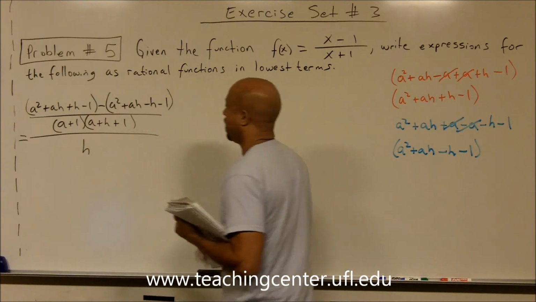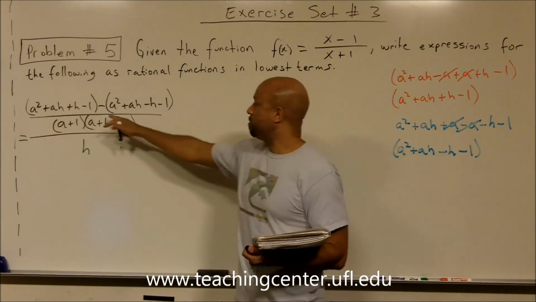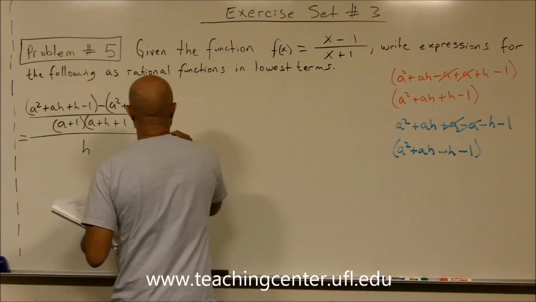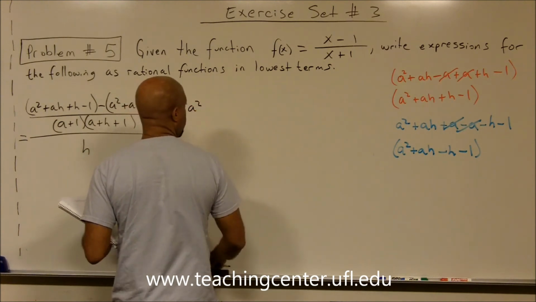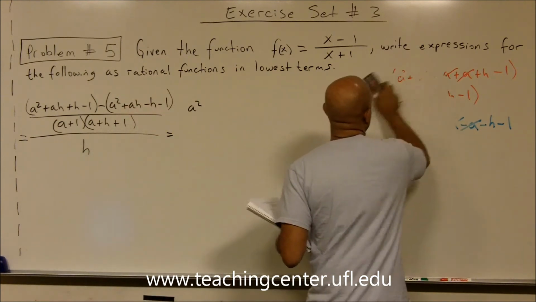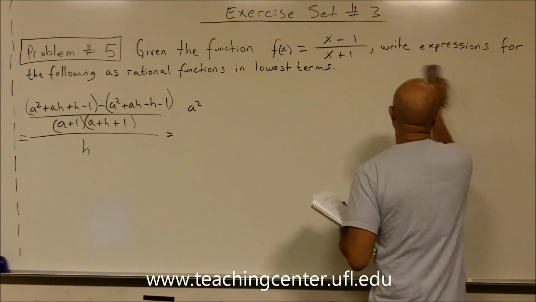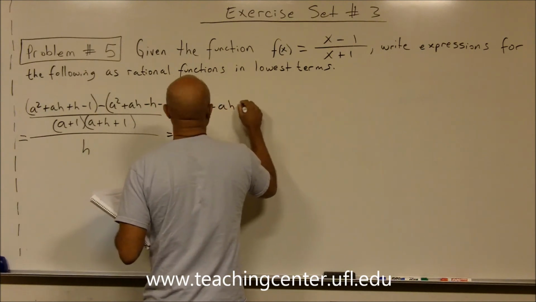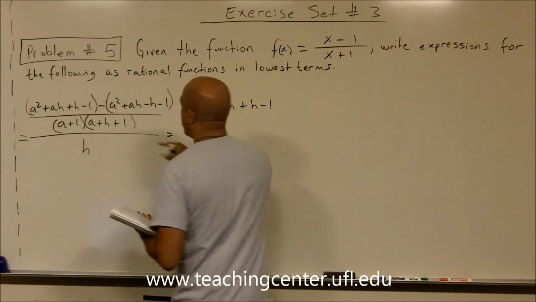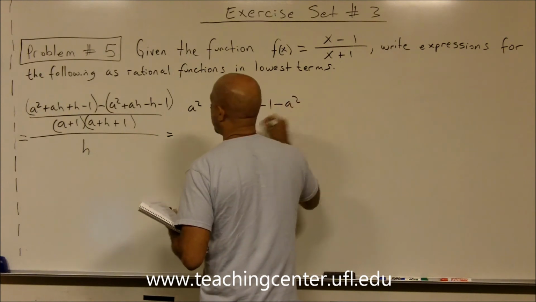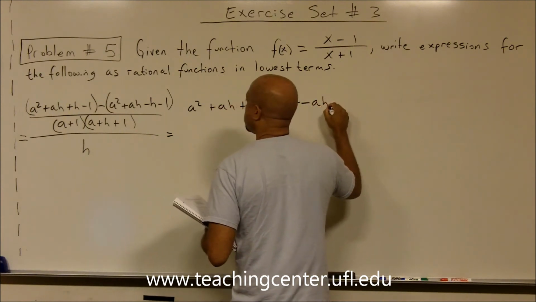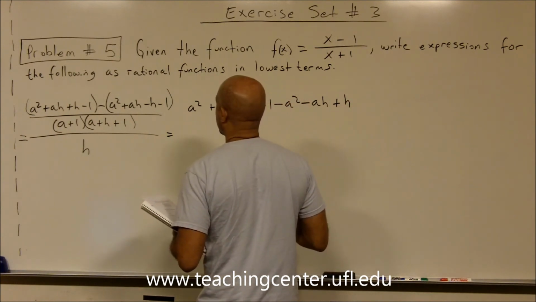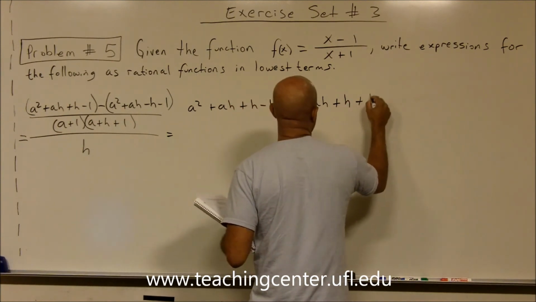And we can simplify the numerator by distributing the negative sign through the second quantity. So we're left with a squared plus h minus 1 minus a squared minus ah plus h plus 1.